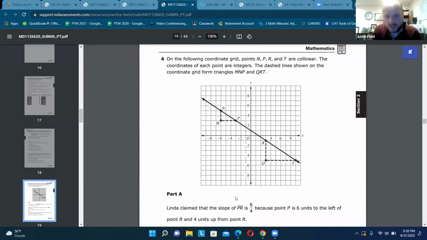So she said the slope of PR is 6/4. Now I'm going to calculate the slope of PR myself. Do you know the slope formula? Y2 minus Y1 over X2 minus X1. We're going to calculate it with P and R. P is at -3, 3.